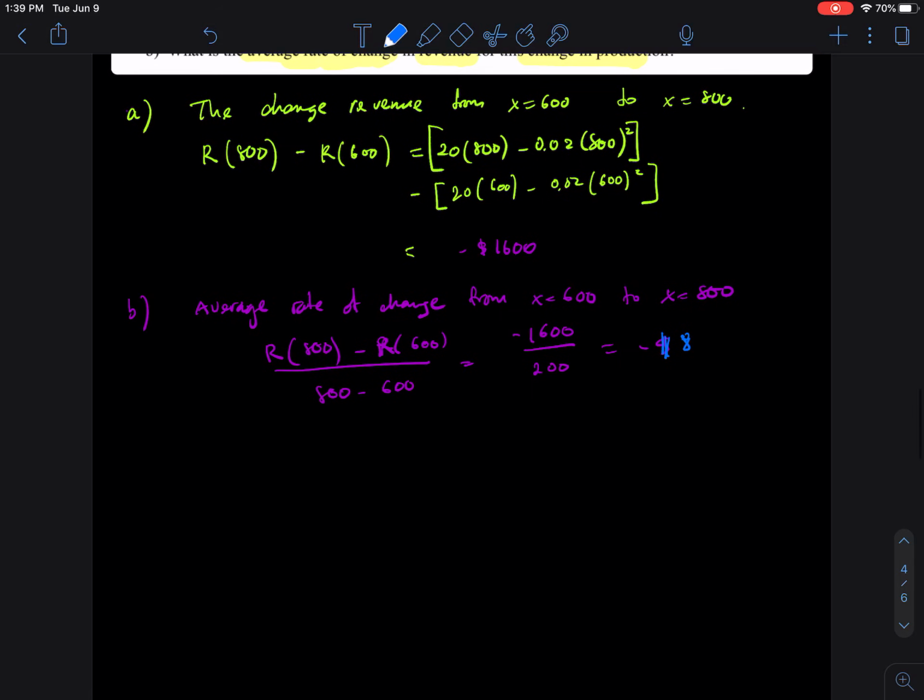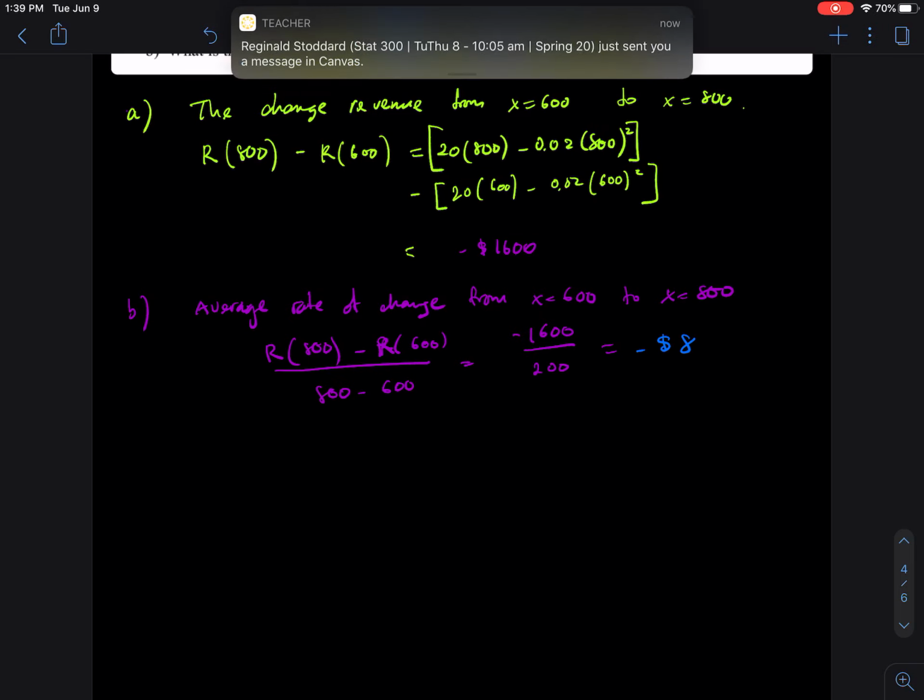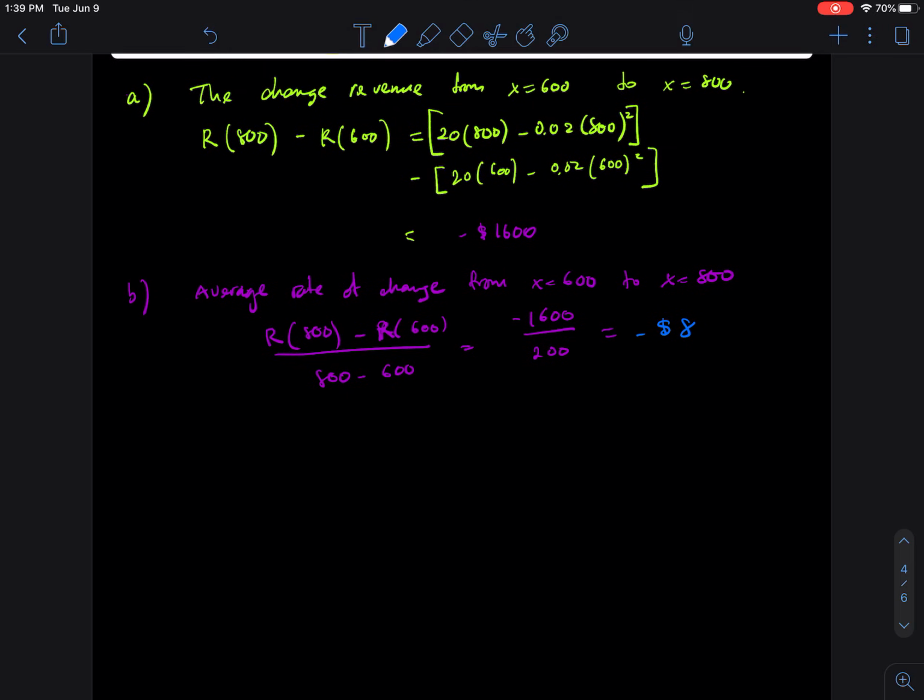So the way we interpret this negative $8 is that the average rate of change has decreased by $8 per planter box.